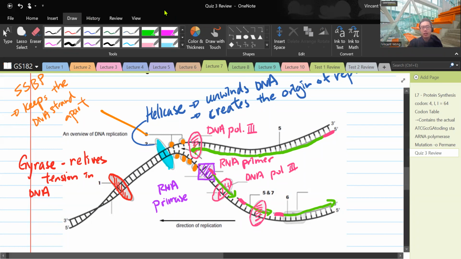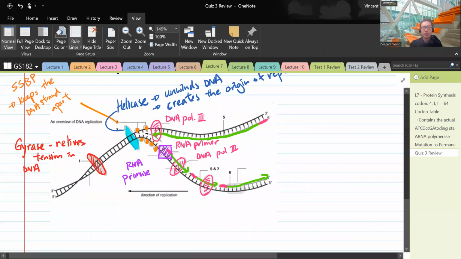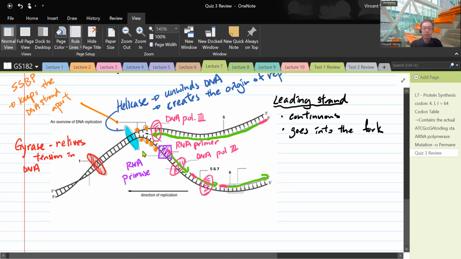Because DNA strands are anti-parallel to each other, one strand will be continuous. So this strand is the leading strand. It's continuous, as in it's being created continuously, and it goes towards or into the fork, the replication fork.